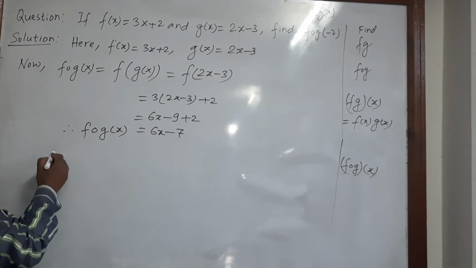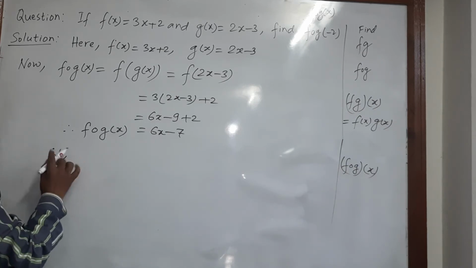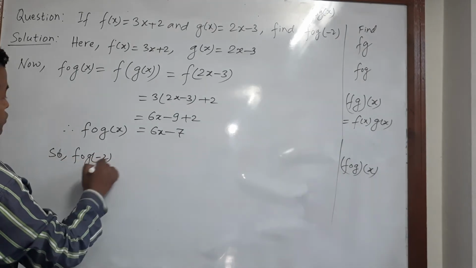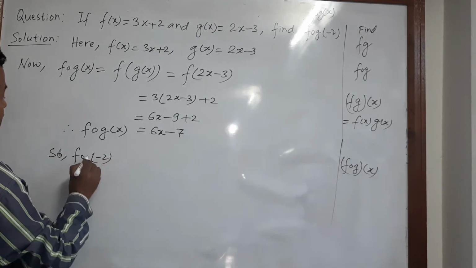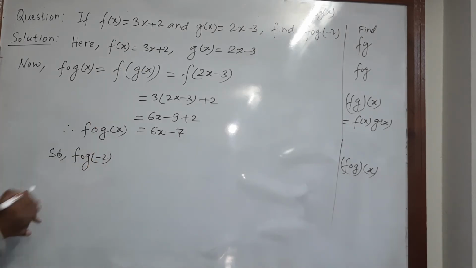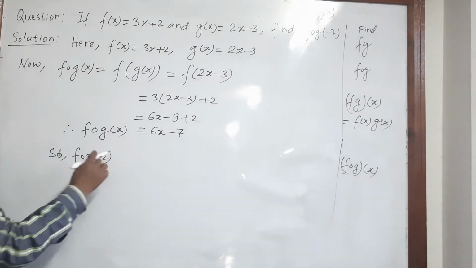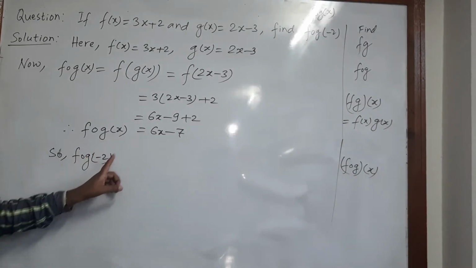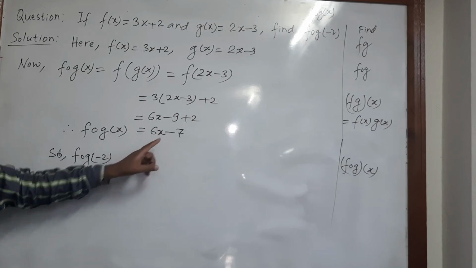So f of g(-2) is obtained by replacing this x by minus 2. This x is replaced by minus 2, then the other x must also be replaced by minus 2.